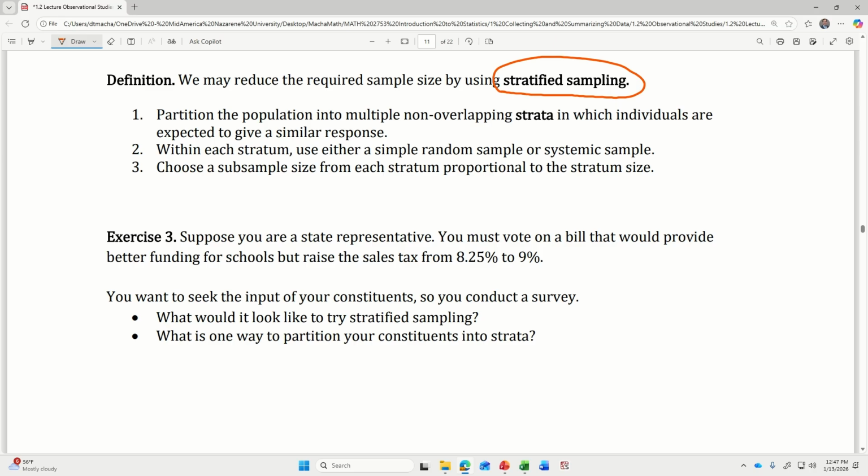And again, the number of individuals, which is the subsample size, should be proportional to the stratum size. So if there are twice as many soccer players as basketball players, then they should be represented in my sample with twice as many soccer players as basketball players.